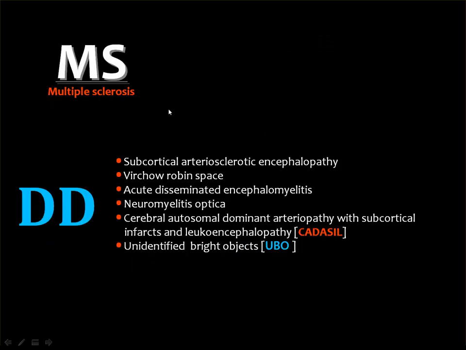Then we have lesions or diseases that can produce plaques or abnormalities in the periventricular white matter and should be differentiated from MS. Number one is the subcortical arteriosclerotic encephalopathy, prominent Virchow-Robin spaces, acute disseminated encephalomyelitis, neuromyelitis optica, and CADASIL, which is cerebral autosomal dominant arteriopathy with subcortical infarcts and leukoencephalopathy.